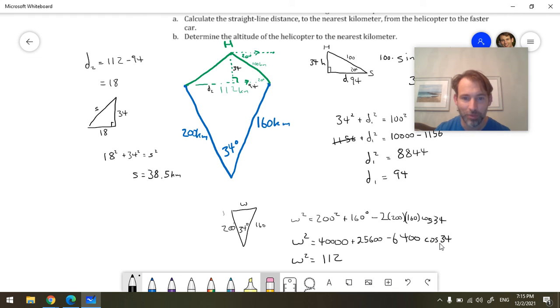I need to get some sleep. You need to study. Take the square root of that. And it gives me 112.